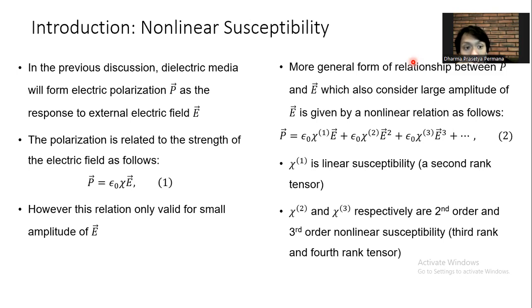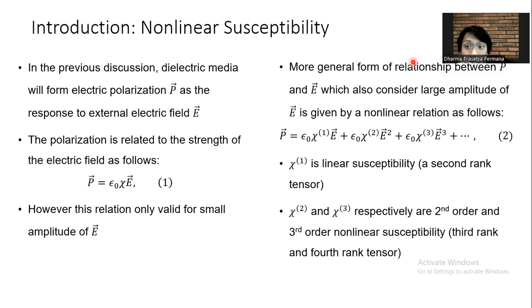And also because these are material properties, be it the linear susceptibility, second order, or third order susceptibility, it depends on the material geometry. So it depends on the crystal structure. I may give some information about the second order and the third order susceptibility.